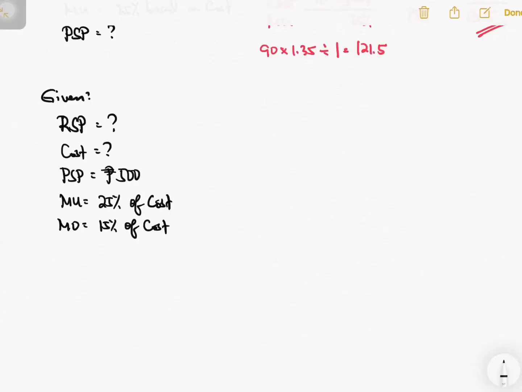Okay, so let's try this one. You are tasked to compute the regular selling price and the cost. You are given the peak selling price of 500 pesos, markup 25% of cost, and mark-on 15% of cost. So let's set both selling price, and then here deduct your cost to get the markup. But here you will add the mark-on to get the peak selling price.